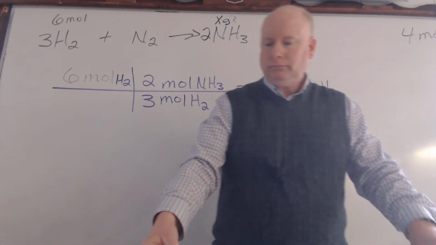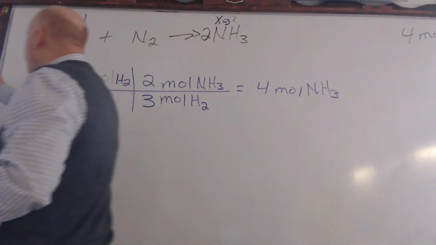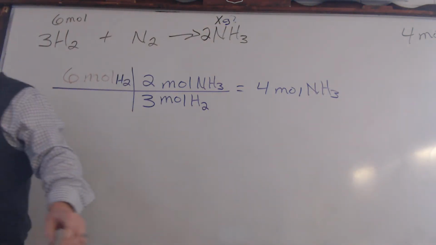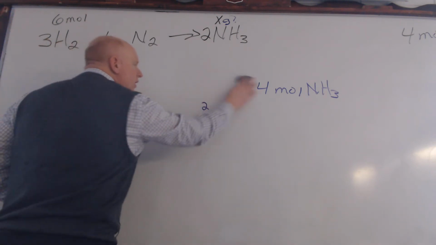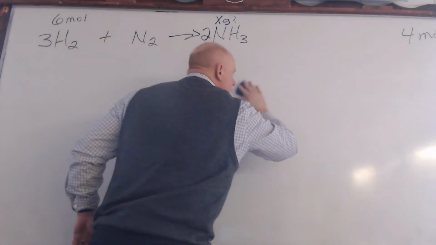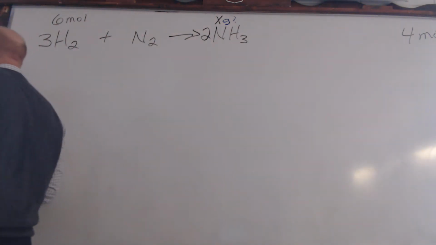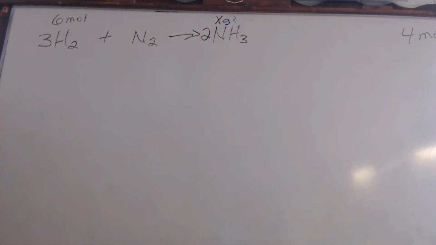Okay. So you are not given the chemical reaction. So there's only one place for you to start, and that is with potassium chlorate, or KClO3. You probably can't see that.